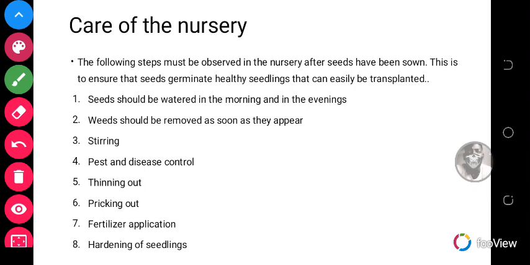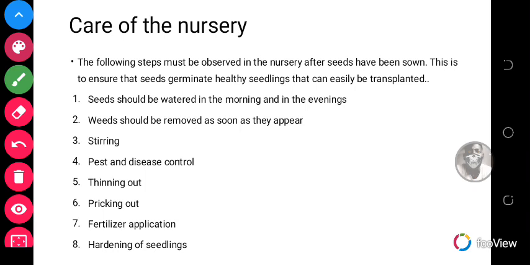It's very important that you water your seeds morning and evening to keep them moist all the time. Then weeds should be removed as soon as they appear. Once weeds show up in the nursery bed, you are supposed to quickly take them out because weeds will compete with the plant for nutrients in the soil.